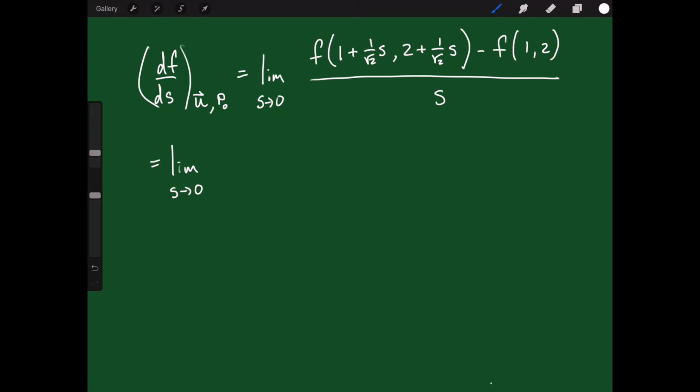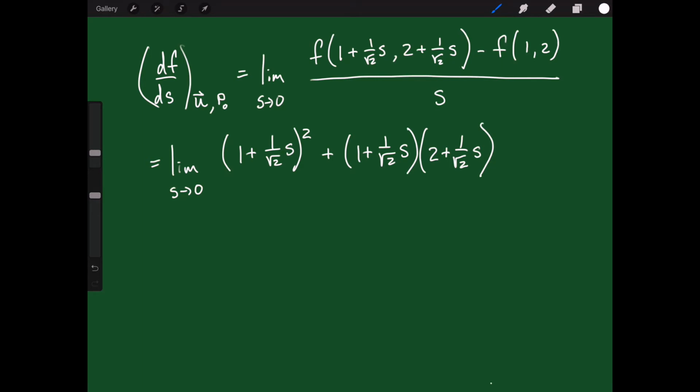So I get the x component of that function, which is 1 plus 1 over square root of 2 s, quantity squared, plus x times y. So x is 1 plus 1 over root 2 s times y, which is 2 plus 1 over root 2 s.